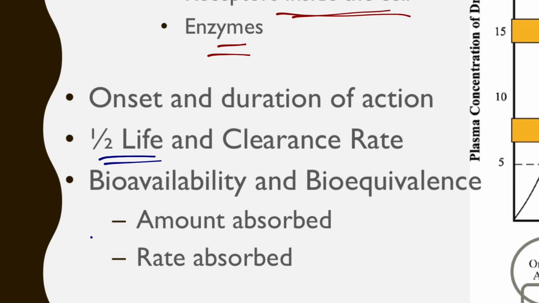Now, bioequivalence is a little bit different. It certainly is a concept of bioavailability, but bioequivalence is when we look at two very similar drugs. So we look at the generic version of the drug, and then we look at the brand version of the drug, and we look at when a patient takes both of those drugs, that's the bioequivalence. Are they equal?